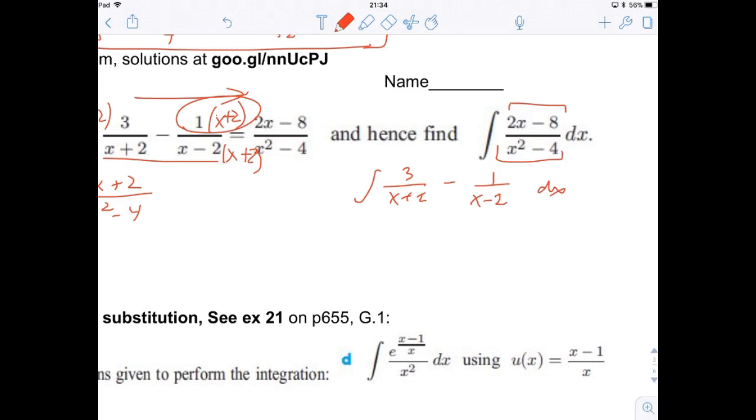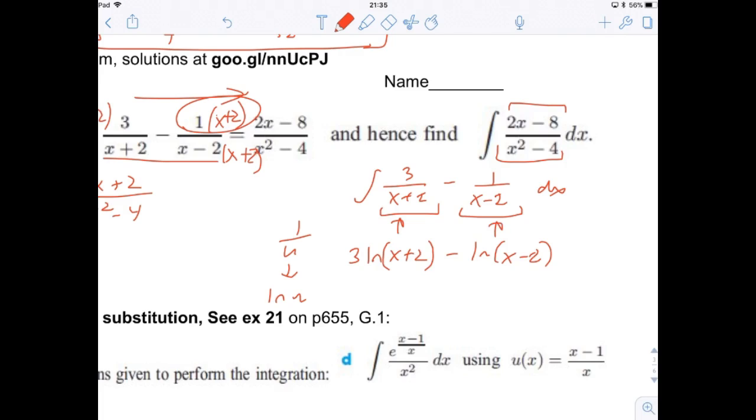And I'm going to take the integral of each one of these because you can see that if I take the integral of each one of these fractions, then there is no chain rule remainder necessary because, let's say, if I consider it 1 over u, the integral being natural log of u, I can just do natural log of x plus 2 times 3 for that one, minus the natural log of x minus 2.